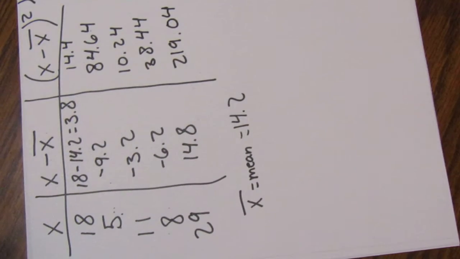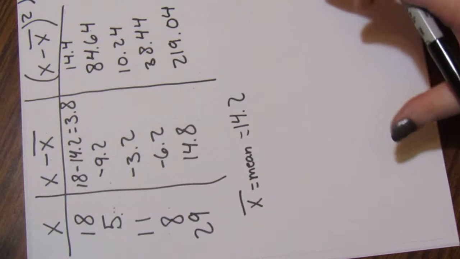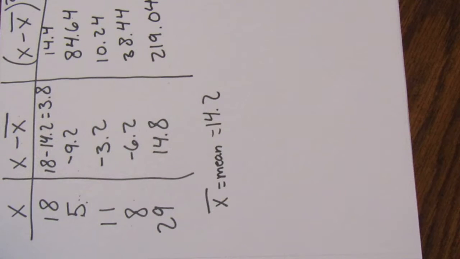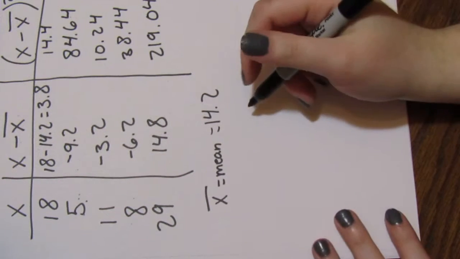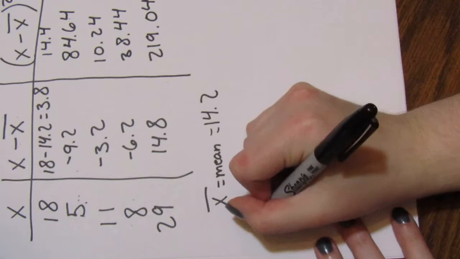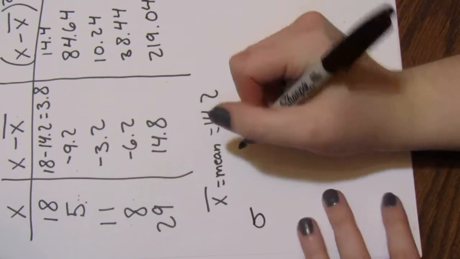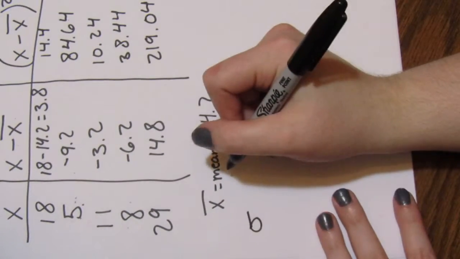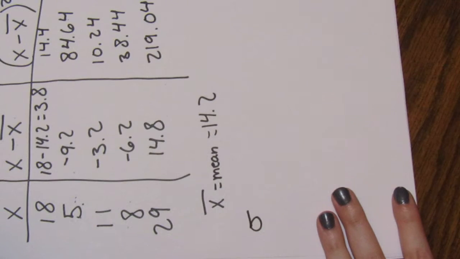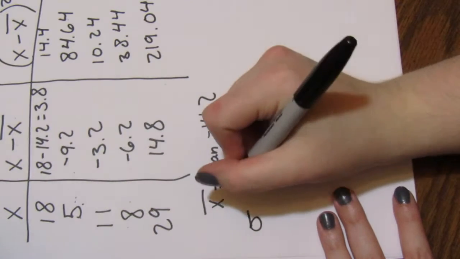Then we're going to move on down here, and we're going to do population variance. This little symbol right here, it's basically an o with a little line connected to it, or a sideways 6 or whatever you want to call it, is called a sigma.